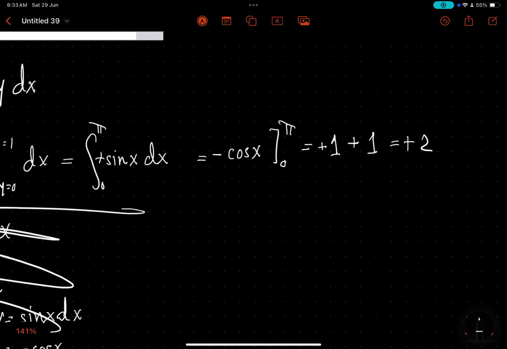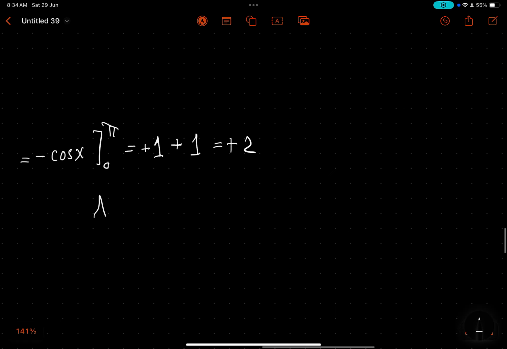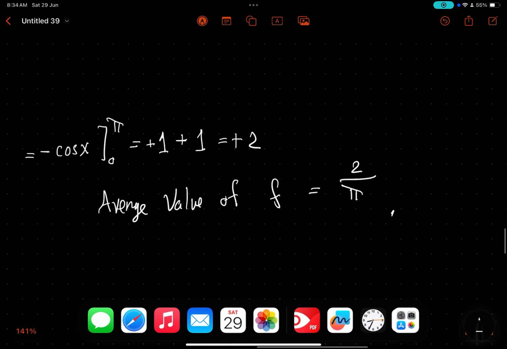It's going to give us +2. And now, from this, the average value of f is just 2 over the area, which is pi. And that's exactly how it is.